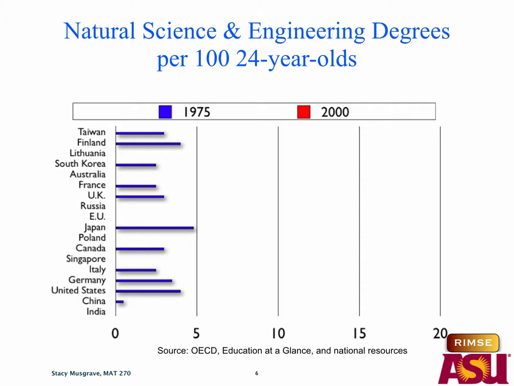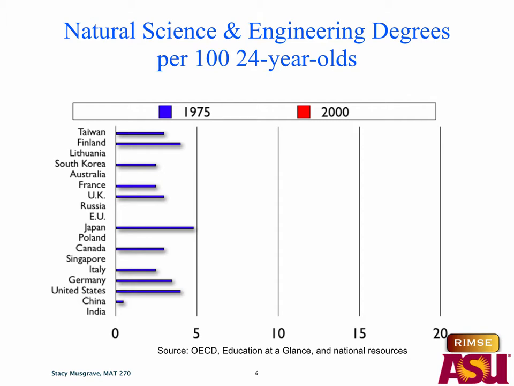So, all right, a couple years back, and by a couple, I mean a lot, there was a study done called the TIMSS, where they went around and recorded a bunch of classrooms in Japan. I'm jumping ahead of myself. Pause and rewind. Okay, first, let's talk about natural science and engineering degrees per 100 24-year-olds.